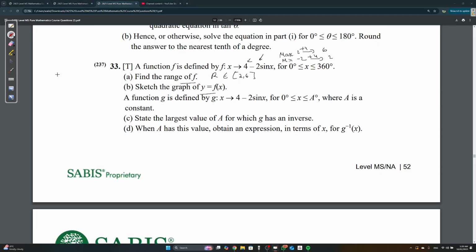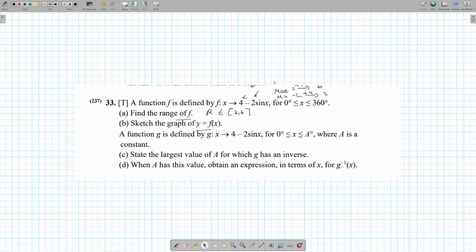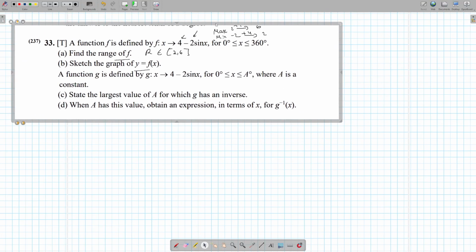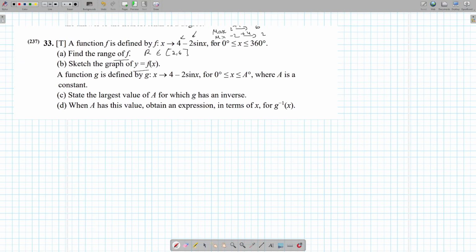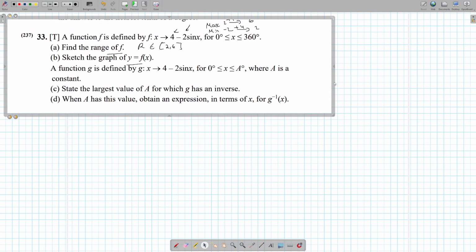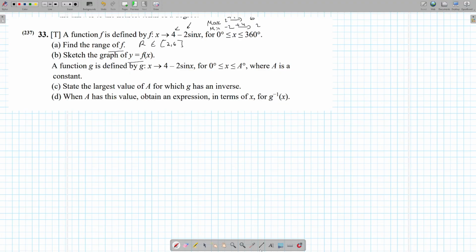Sketch the graph of y equals f of x. Again, we're going to take our hand into open board. I think my open board might crash soon, but it's okay. 4 minus 2 sine x, right? We're sketching it in between 0 and 360 degrees. Let's ignore the negative side.